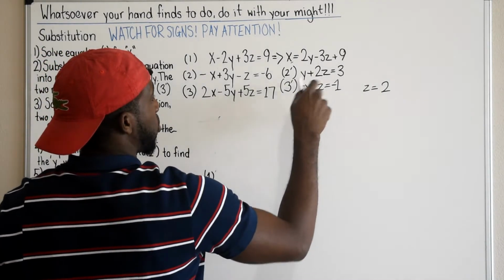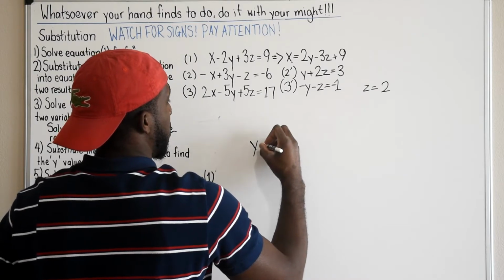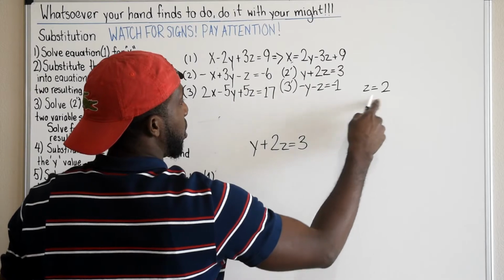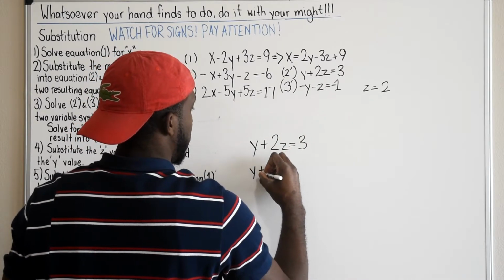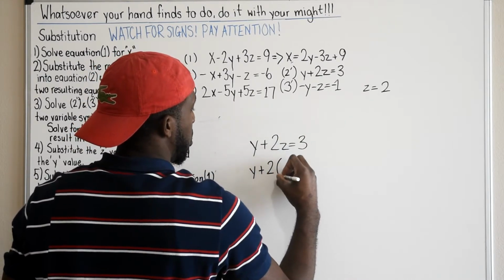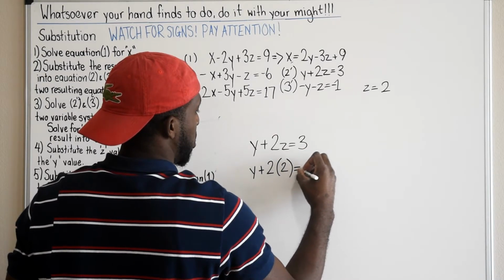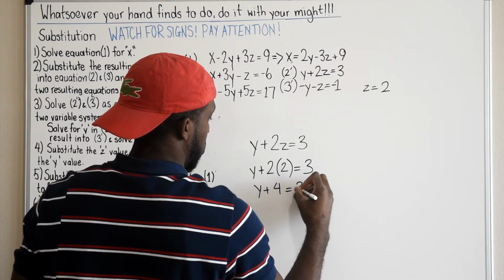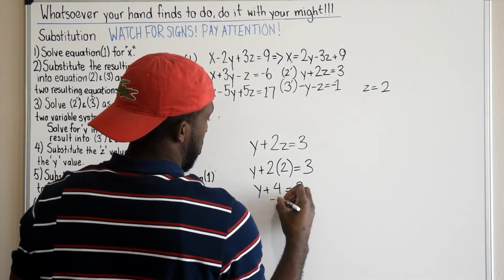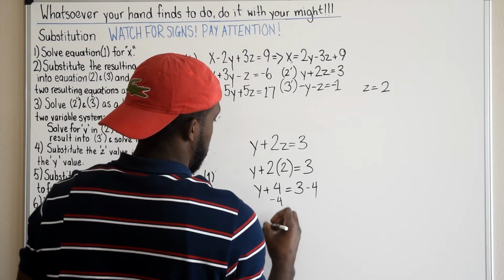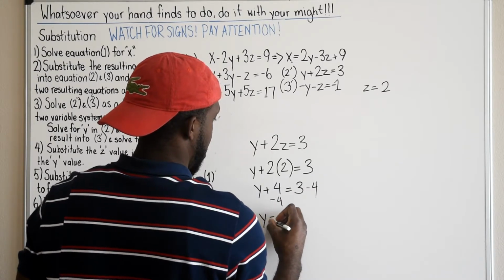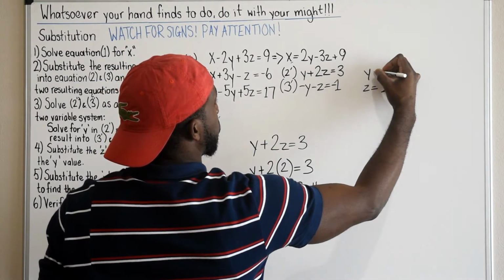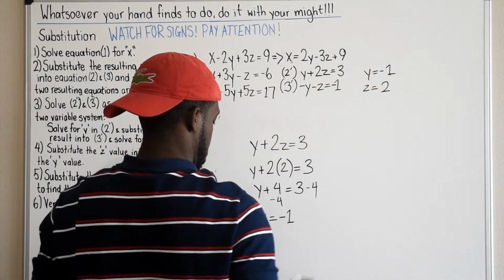All right, so 2' is y plus 2z equals 3. Z is 2, so we got y plus 2 times 2 equals 3. So y plus 4 equals 3. And we're just gonna isolate y. And now we got y equals negative 1. So y equals negative 1.